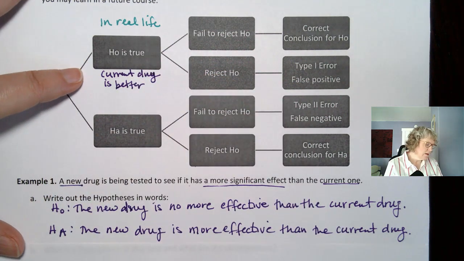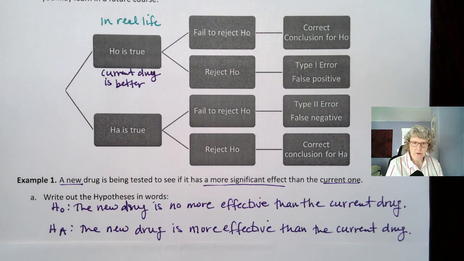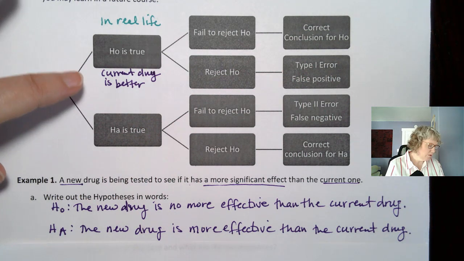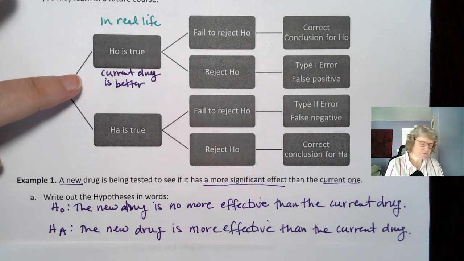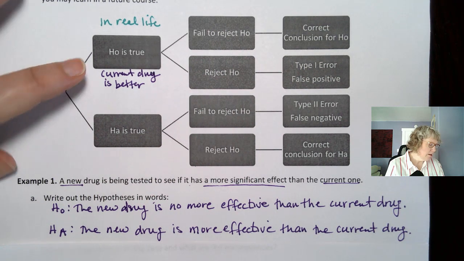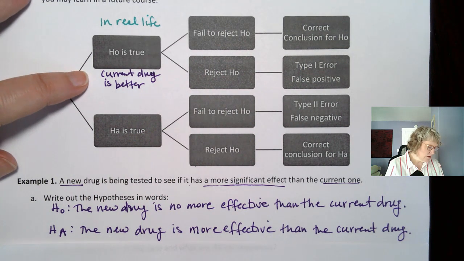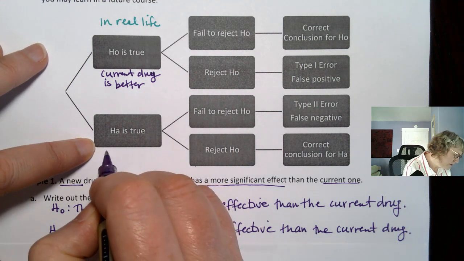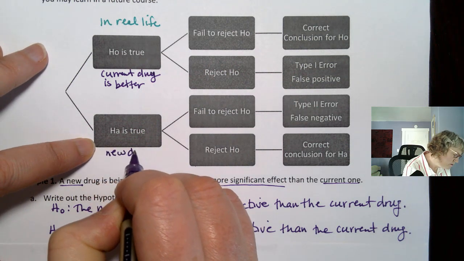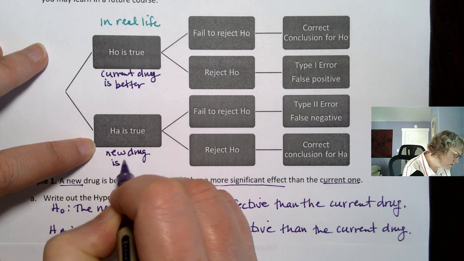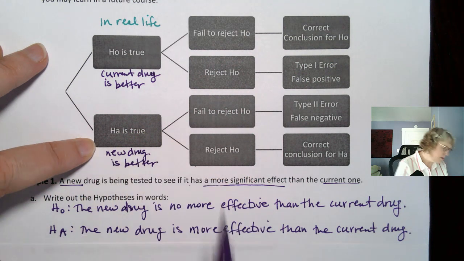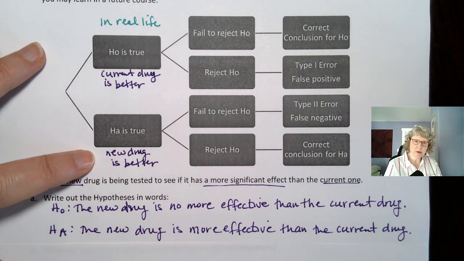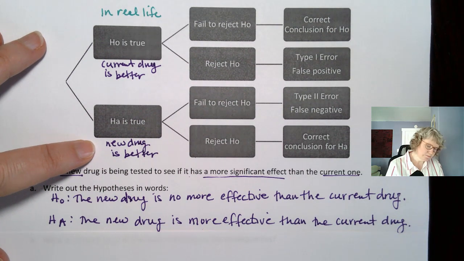That could be the same, but I'm just trying to make it more clear for this example, for understanding's sake. So if the current drug is better, then the null is true, and if the new drug is better, that's the alternate. Okay, so if the new drug is actually better, then the alternate is actually true.